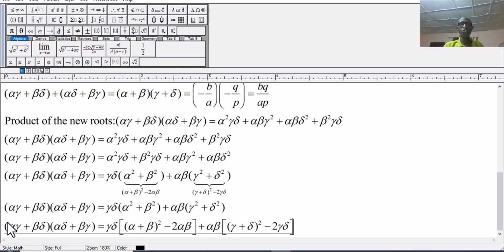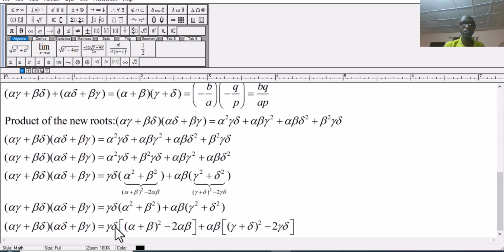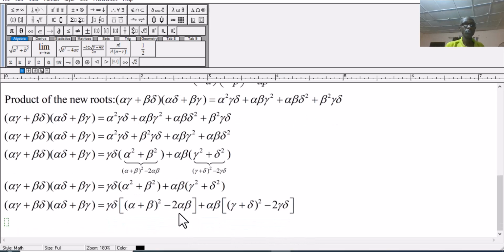We have been able to reduce it to the basic form whereby we can put in all the values that we have gotten initially. That's what I'm about to do now, slotting in those values.